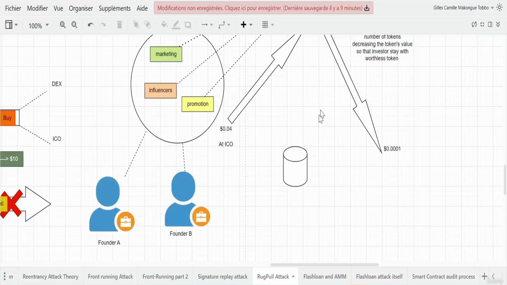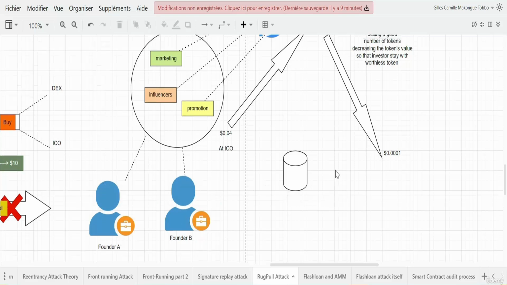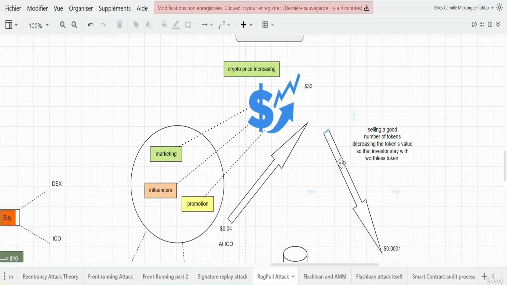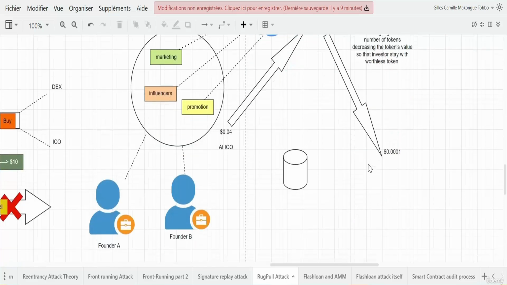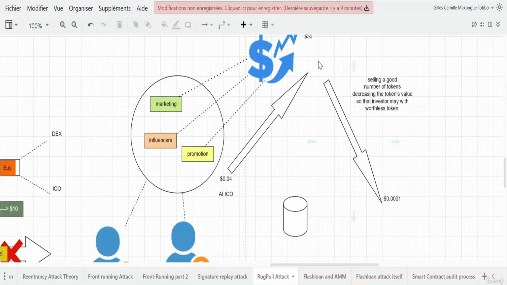But what is going to happen some hours after that is that these founders and other people who are holding the tokens are going to sell a huge amount of tokens. And once you sell a huge number of tokens relative to the total supply, the price is going to drastically come down.